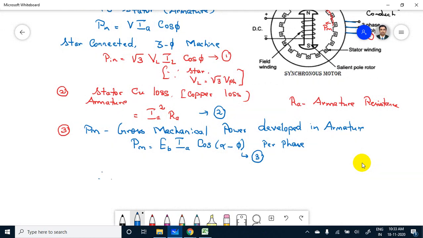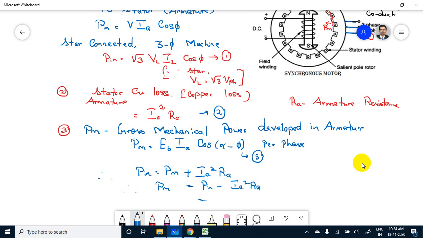Now by using this, we can calculate the combination of the input power. P equal to PM mechanical power plus losses, IA square into RA. So from this, the mechanical power in rotor, PM equal to P in minus IA square RA.